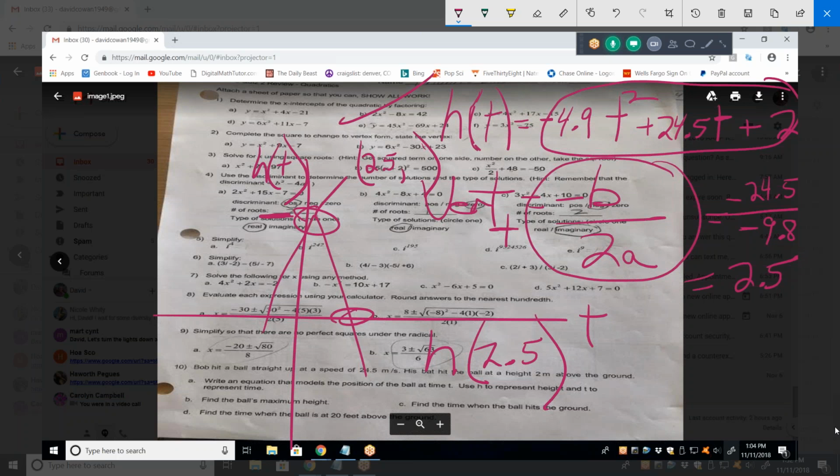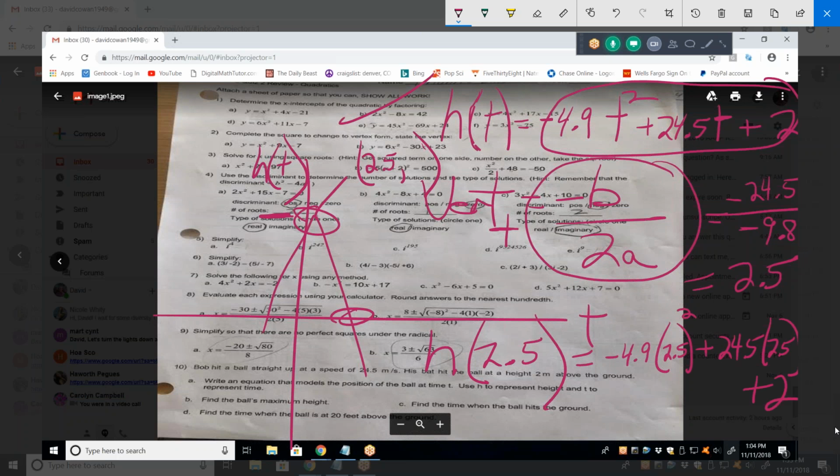I've already calculated that the vertex is going to occur at 2.5 seconds. So I want to know what that height is. So it's minus 4.9 times 2.5 squared plus 24.5 times 2.5 plus 2.